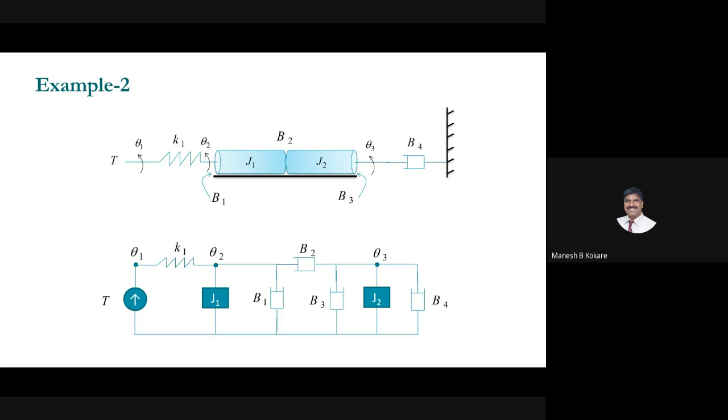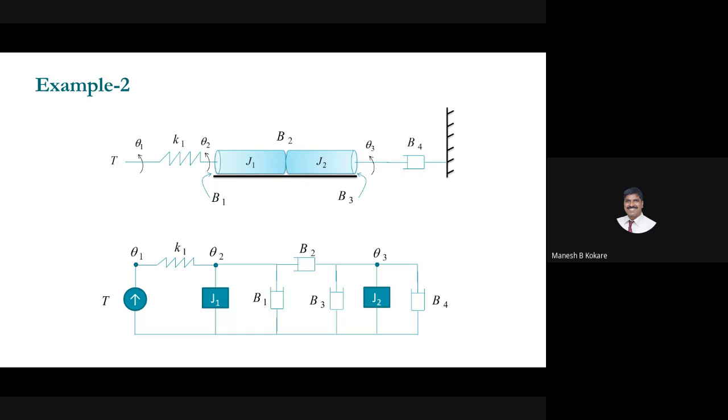Just for understanding purposes, I'll take how to write the force equilibrium equation for this example number 2. So see that here, incoming torque is equal to what? T(t). Outgoing torque is what? The torque at this position must be higher than the torque at this one. So K1 into (theta1 minus theta2). So the nodal equation at theta1 will be T(t) equal to K1 into (theta1 minus theta2).